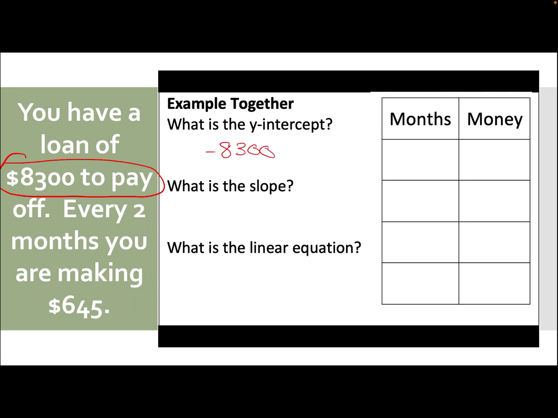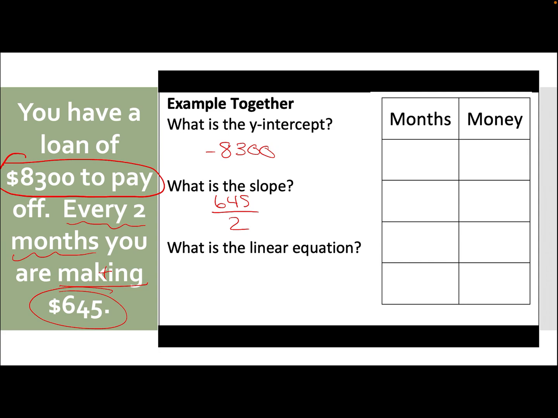What is my slope? Well, I see every 2 months I am making, so we're going to be in the positive, $645. So I know I'm making $645 every 2 months. And I'm going to pull up my calculator real quick and see if that simplifies. So 645 divided by 2 equals. And I get a decimal, so I'm going to keep it as 645 divided by 2.